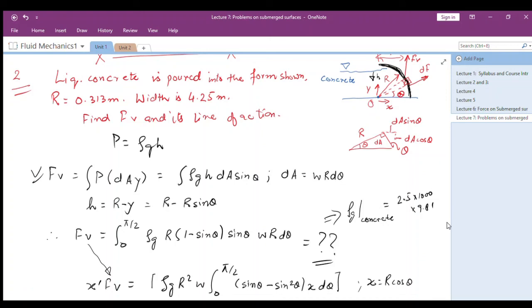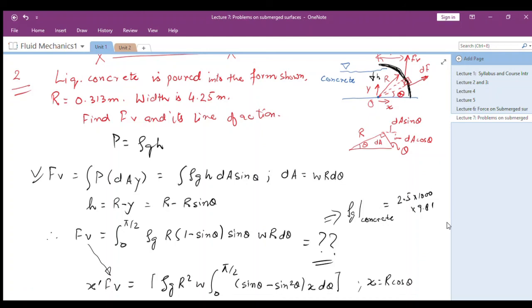The location of the horizontal component of this resultant force is quite easy to find. It doesn't matter what the shape of your submerged surface is, curved or plane. You just need to take a vertical projection of it, go to the middle location of it, and see how far this middle location is from your free surface. And you can find the y dash location.